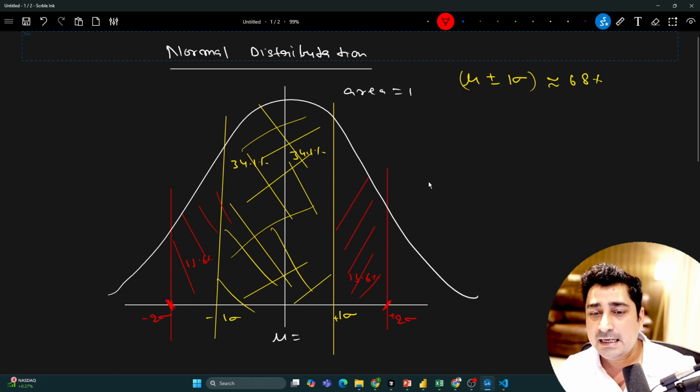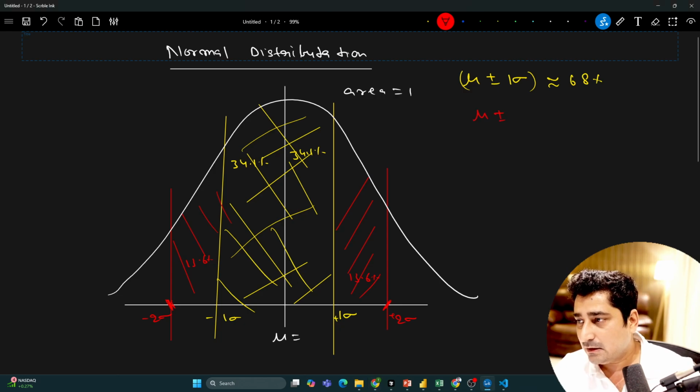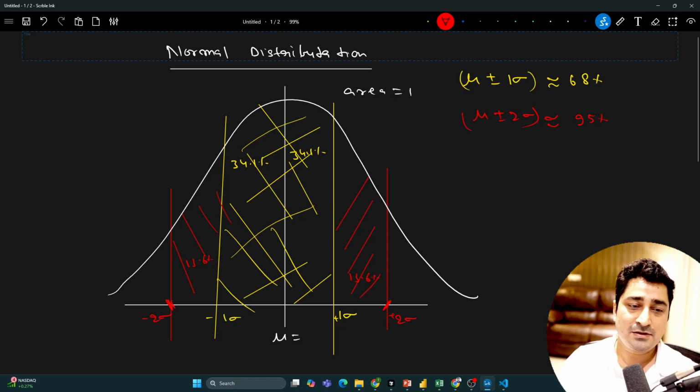So in total, in this particular region, it holds approximately 95% of the data, 68 plus 13.6 plus 13.6. You can say that within two standard deviations, plus and minus, it holds approximately 95% of the data if my data set is normally distributed. As simple as that.